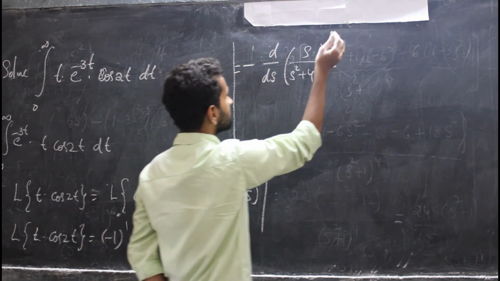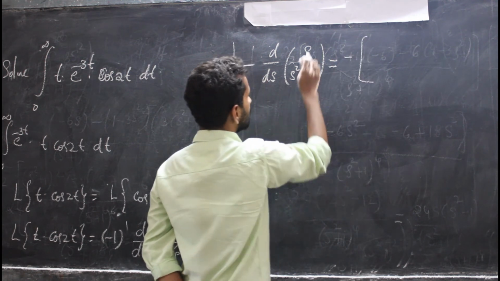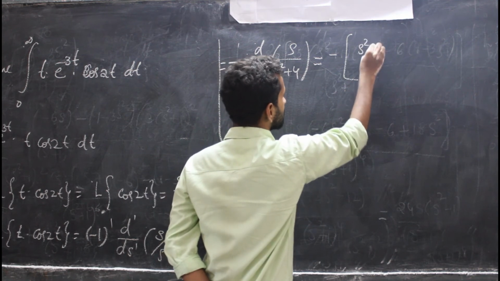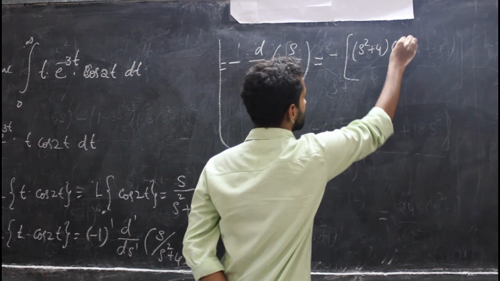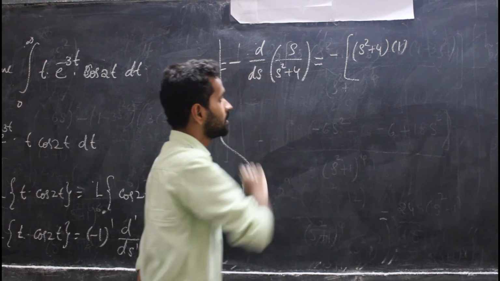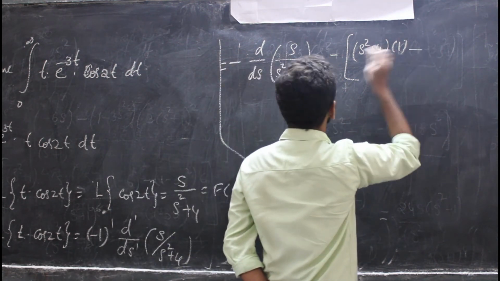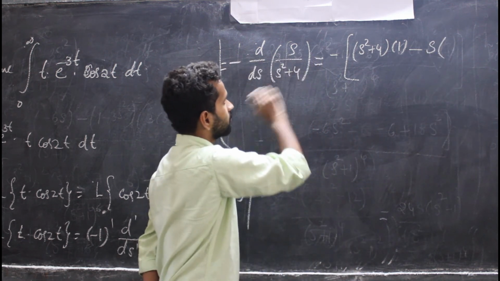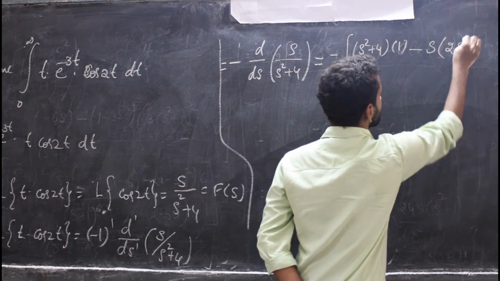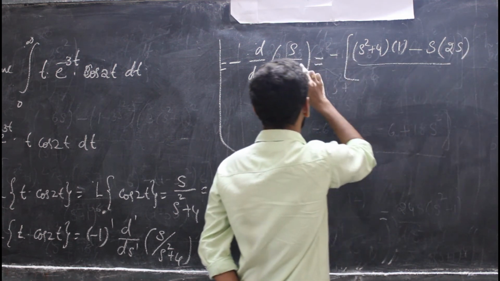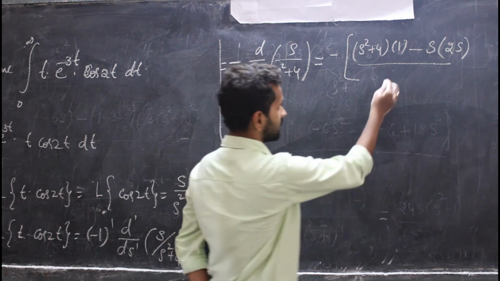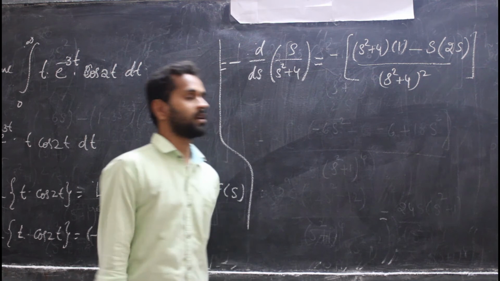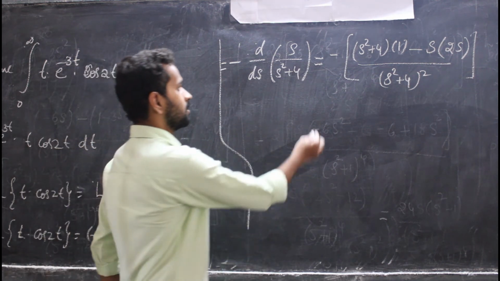Now let me differentiate this, minus (v u dash minus u v dash) by v square, right? S square plus 4 into u dash, that means 1, s differentiation with respect to s is 1, minus s, u, keeping constant, and s square plus 4 differentiation I am doing 2s, 4 differentiation is 0, and v square I will be getting as (s square plus 4) whole square. So this is what I got as my solution.